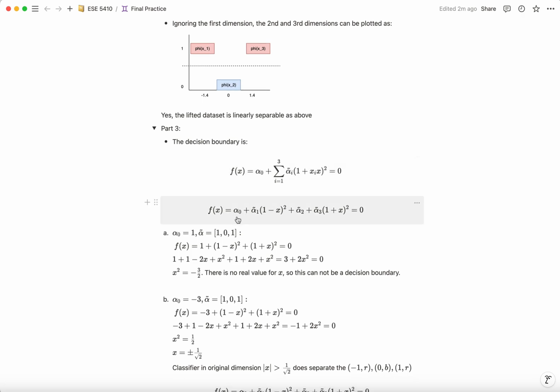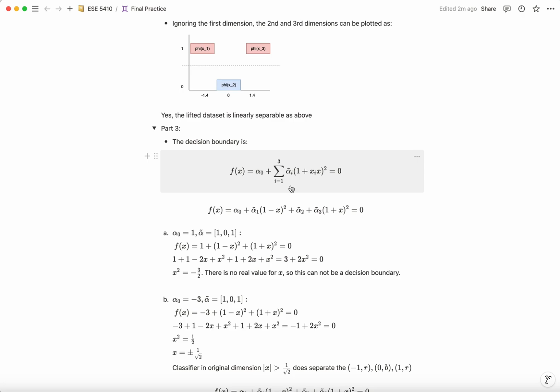So this becomes alpha 0 plus, when i is equal to 1, we get alpha 1 tilde times 1 plus x1 times x. Well, x1 is negative 1, so it becomes 1 minus x. So that's that term here. When i equals 2, this becomes alpha 2 tilde times 1 plus 0 times x, so this whole term is 1, so that just reduces to alpha 2 tilde.